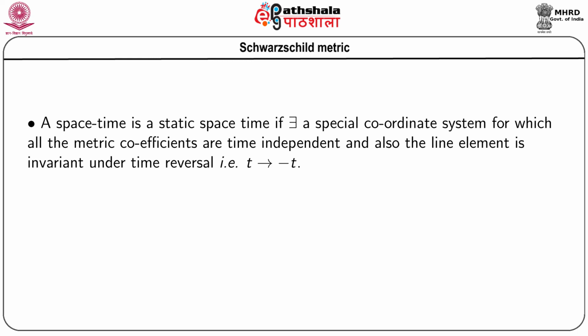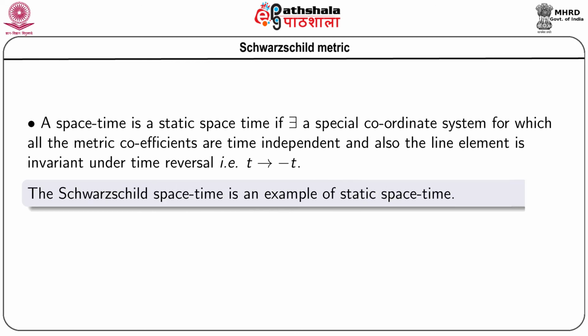That means, if we take instead of t as −t, then the line element will remain same. Now, the Schwarzschild space time is a good example of a static space time. That means, it is invariant under time reversal.